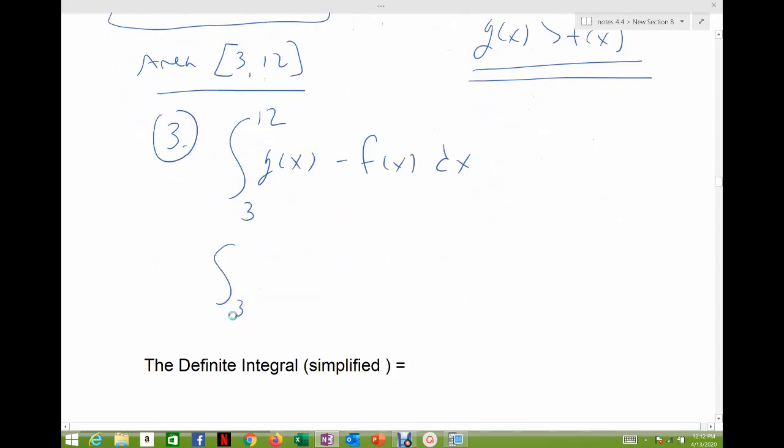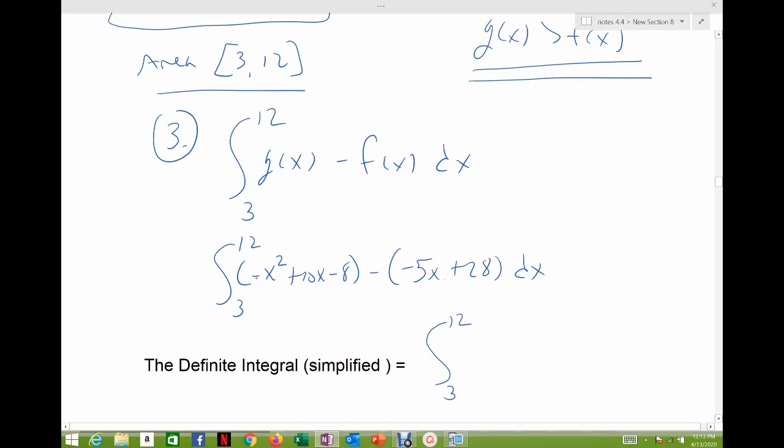Alright, so setting up my integral and simplifying. So g of x was negative x squared plus 10x minus 8. F of x was negative 5x plus 28. And remember, I'm subtracting everything, so I'm just going to go ahead and write out my subtraction.